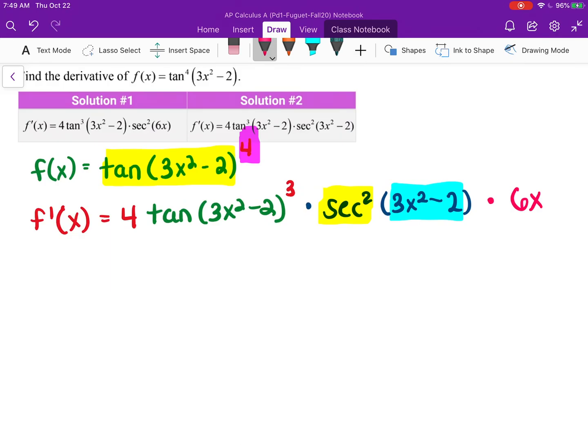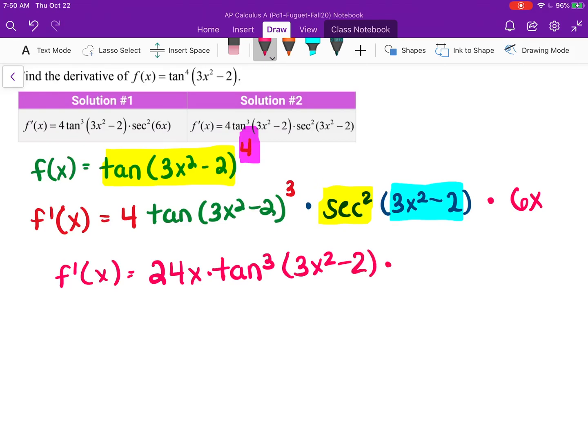The final thing we want to do is just clean this up. We have some things that we can combine. So f prime of x equals, looking at this 4 out front and the 6x, I can make this 24x times tangent of 3x squared minus 2, to the third power, times this middle term, secant squared of 3x squared minus 2.